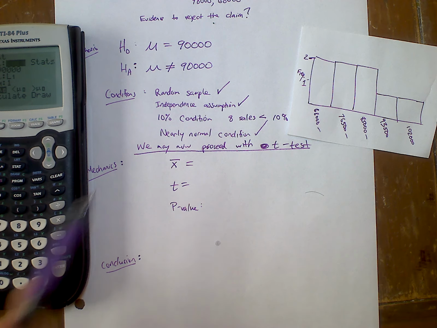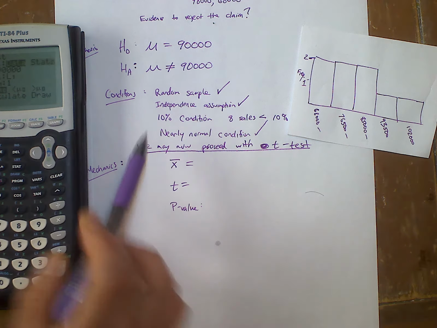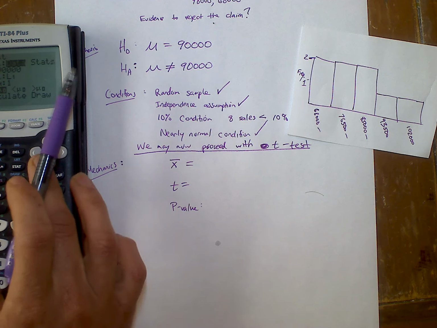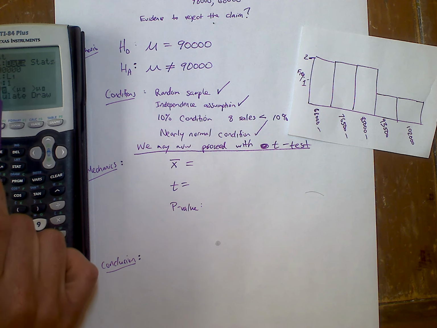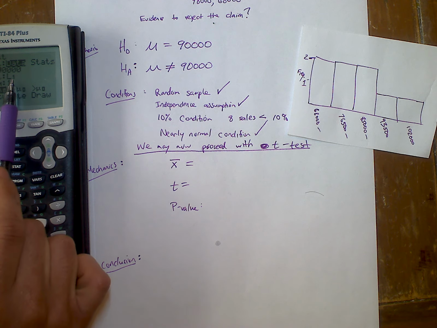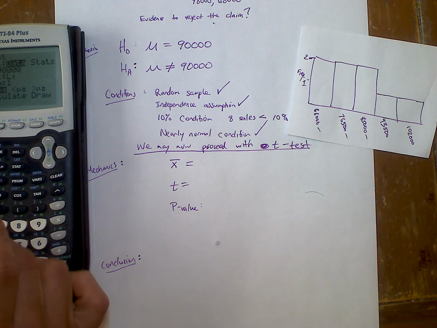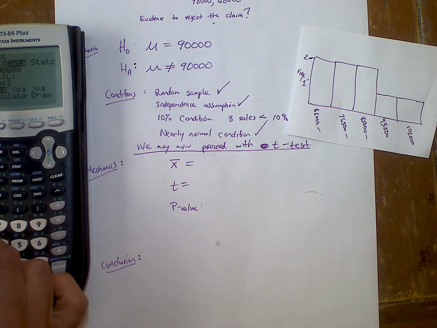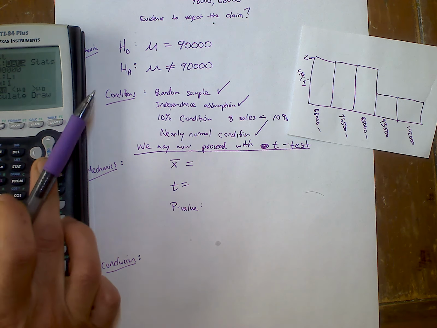So I'm going to make sure I use that. Oops. Data. What was my null hypothesis? It was the mean sale price was 90,000. My observed statistics are in L1, keep the frequency at 1. The alternate hypothesis was two-tailed, so I'm saying that my alternate hypothesis, the mu, is not going to be equal to the 90,000, so I had the first choice.